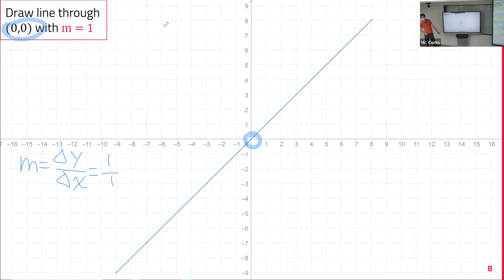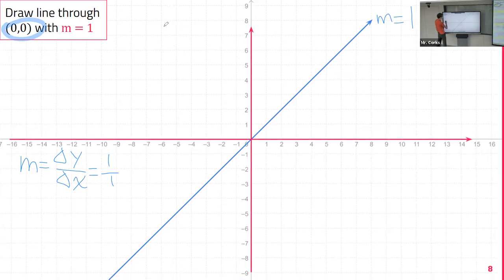That gives us this perfect 45-degree angle here. M equals 1. Hopefully people are generally familiar with this one, but let's visualize some other ones as well.